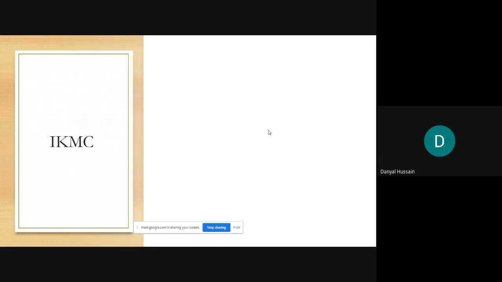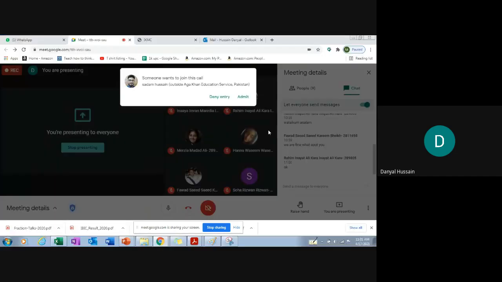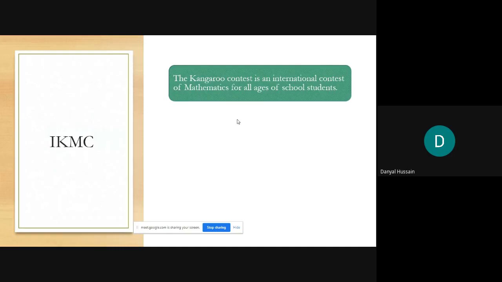Now, let's talk about what IKMC is and what kind of things can come in this contest. The Kangaroo contest is an international mathematics contest for school students of all ages, in which different classes can participate.